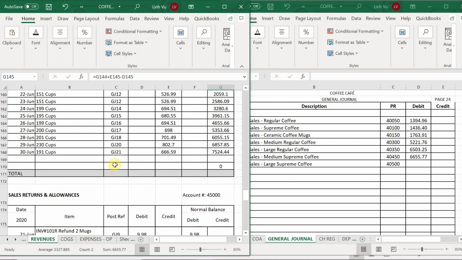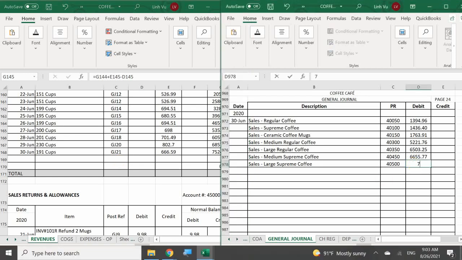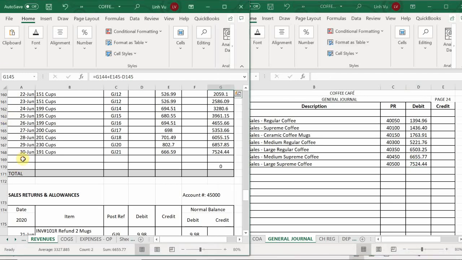How much do I need to debit this account for? 7524.44. 752444. $752444, which gives us a zero balance.